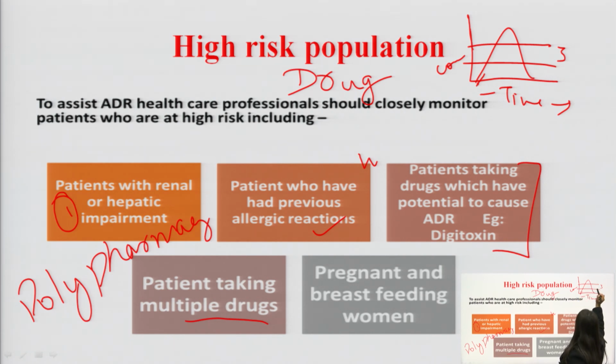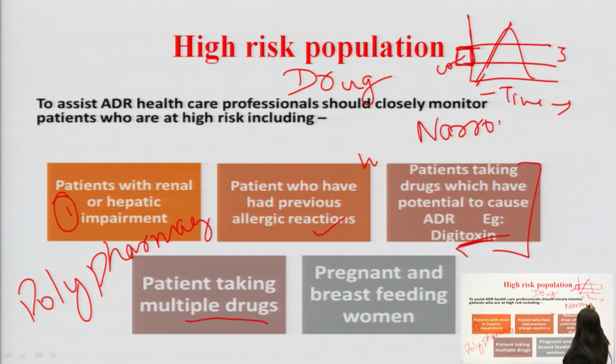When the drug reaches this window, only then will it show a pharmacological action. But what will happen if the concentration increases further? Then it is in the higher concentration, and it will show toxicity.